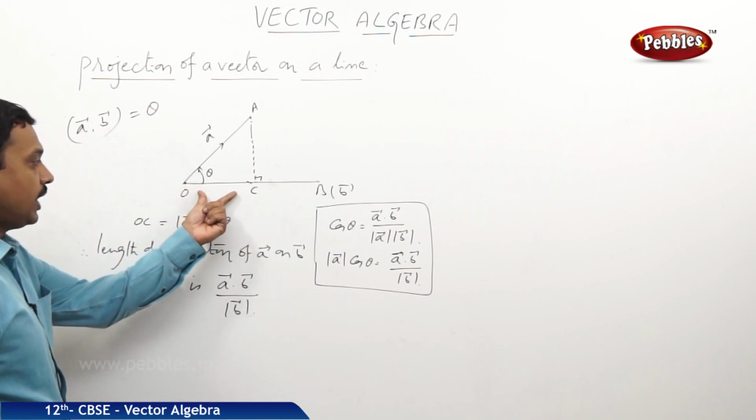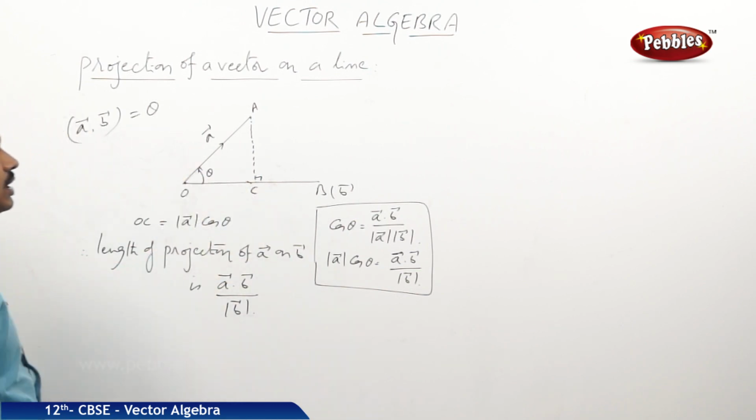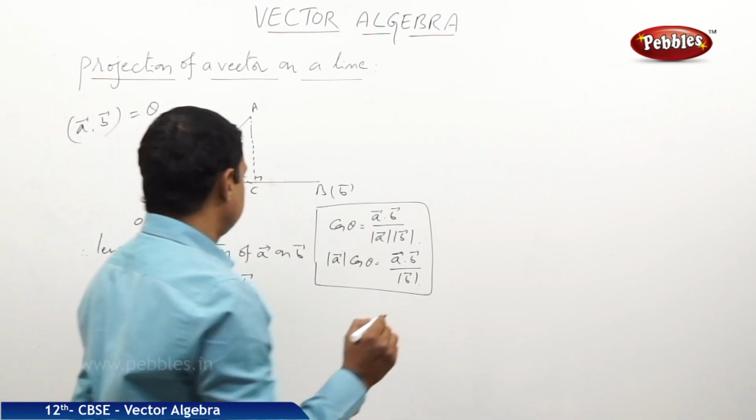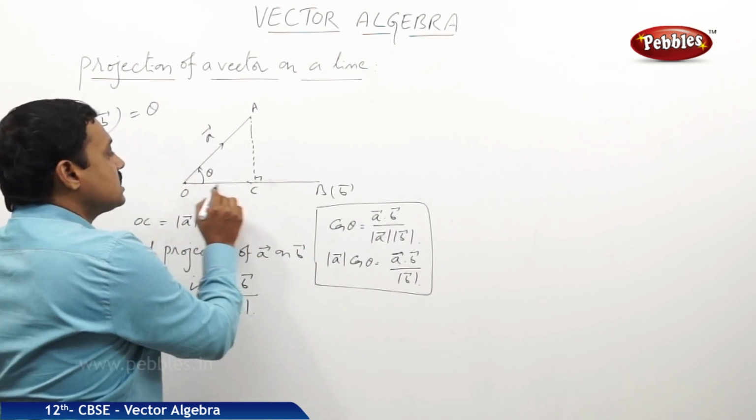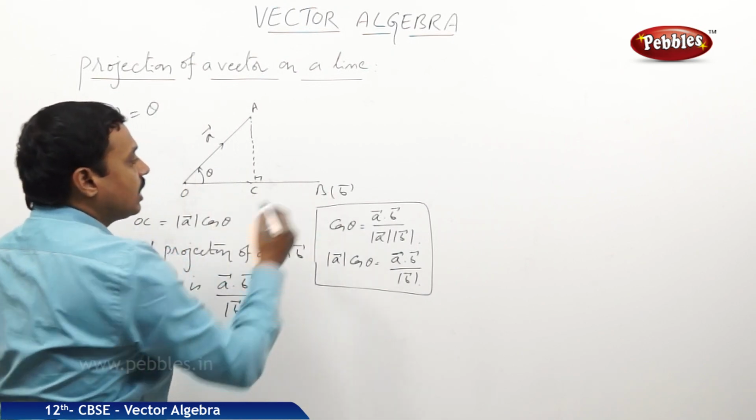Now we are going to find the projection vector in the direction of B bar. Let us find the unit vector in the direction of B bar.